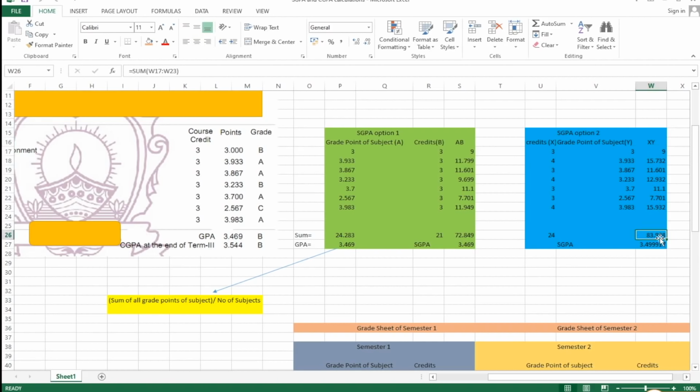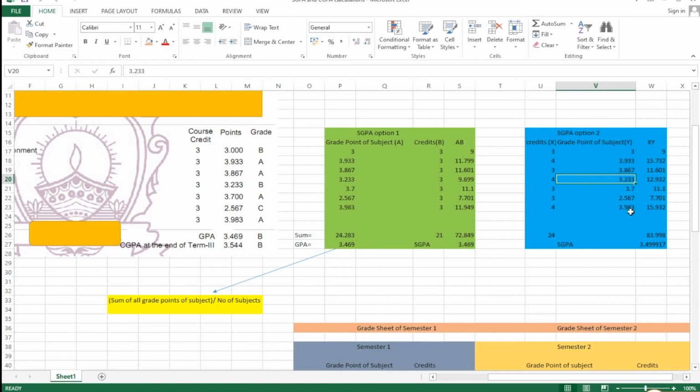So what you do is, you divide this product with this total number of credits, and you get this SGPA as 3.49917, whereas the grade point will remain the same as 3.469, because it is the average of the grade points of that particular subject.